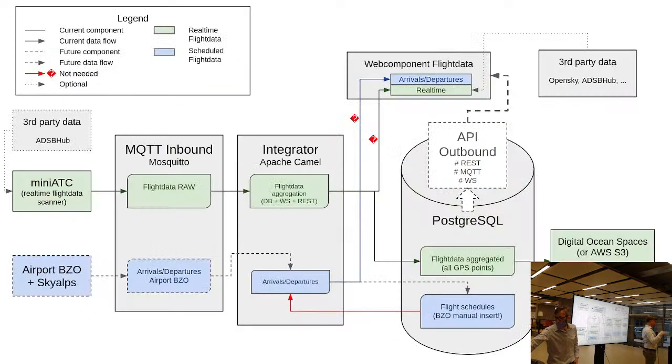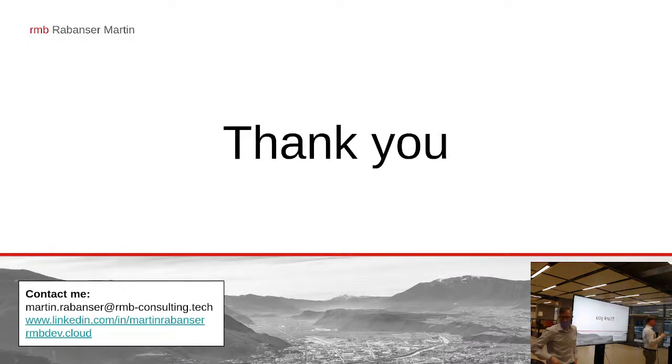The Open Data Hub infrastructure is aggregating the data and sending out the real-time data via WebSockets, so the web component, or you as a consumer, get the aggregated data with a real-time interface that's shared by the Open Data Hub. So the web component takes the data and shows the plane, and that's it.